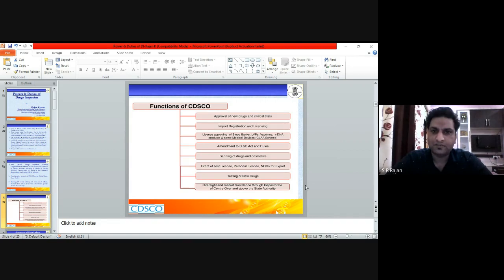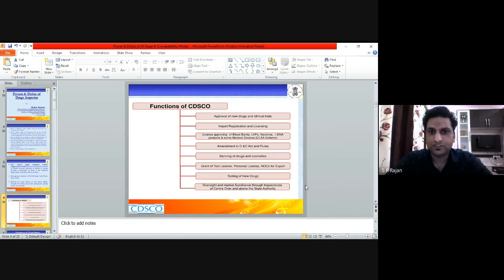The central government also has the power to make the rules under section 33 and section 12. It also has the power to ban drugs which are not of standard quality or which are prohibited in the country. Under section 10, section 26A and 26B, the central government can ban drugs and cosmetics in the public interest to safeguard the health of the public.